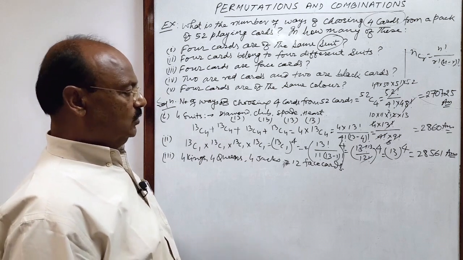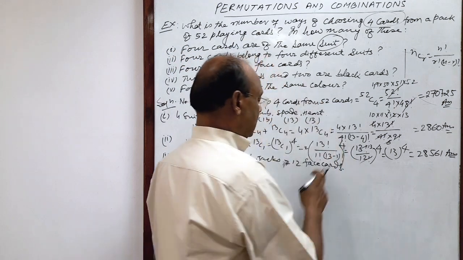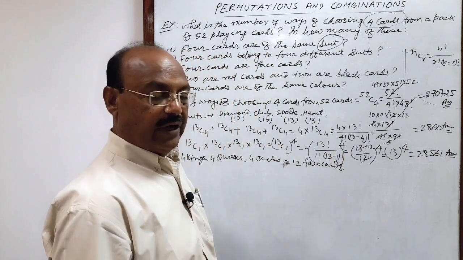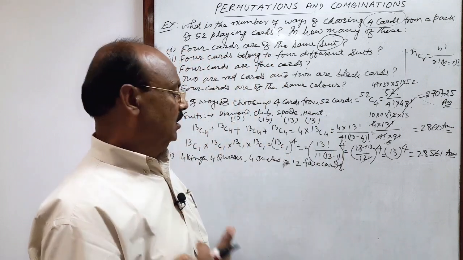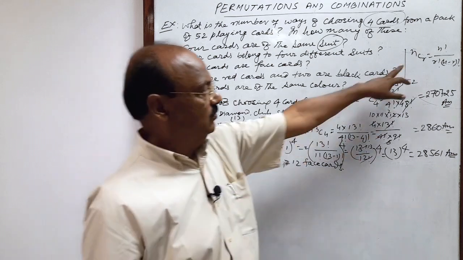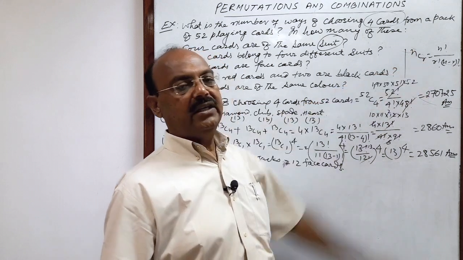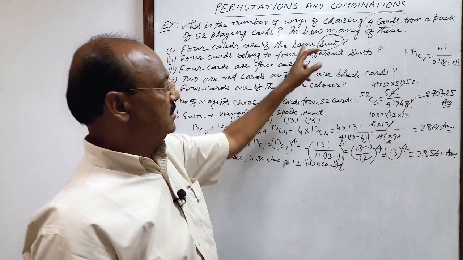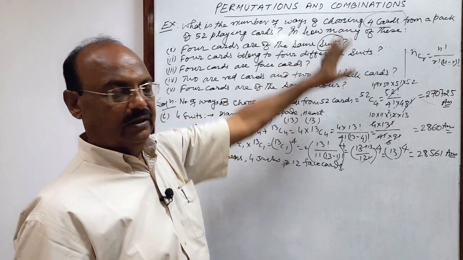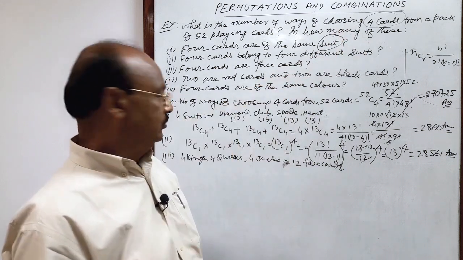Okay, so total face cards is 12, and we have to select 4 face cards. So N is 12 and R is 4, we are talking about this formula, N is 12 and R is 4. 4 cards have to be selected. Correct? So in how many ways? 12C4.